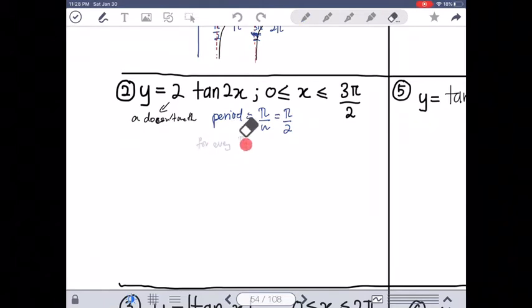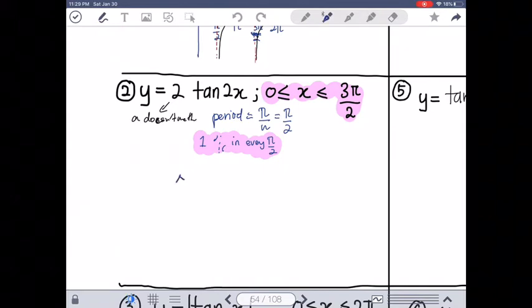There will be one cycle in every pi over 2. And we need to draw the graph from 0 until 3 pi over 2.